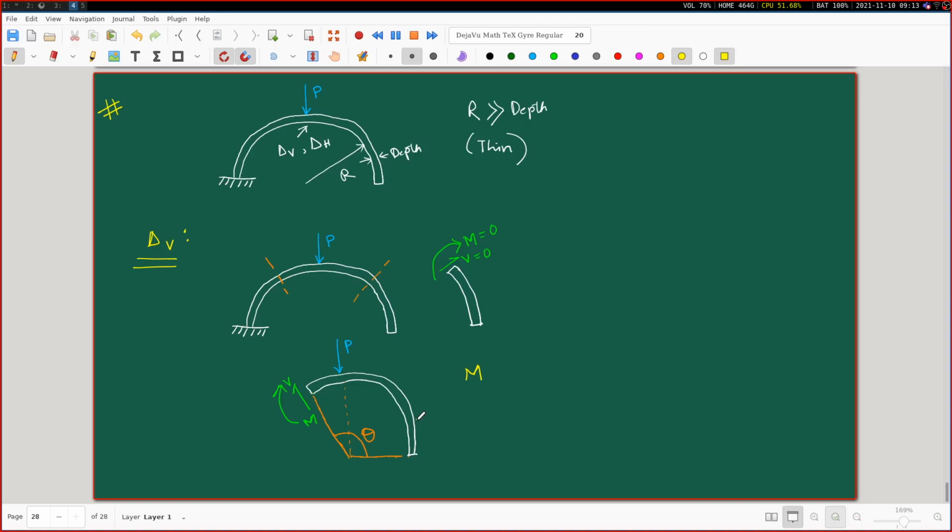So what will be the contribution from this force P? Some minus P R cos theta. Okay, so let's do this properly. And this picture is actually bugging me. Sorry about that. Okay, somewhat better.